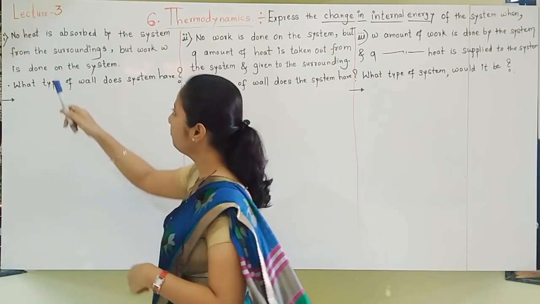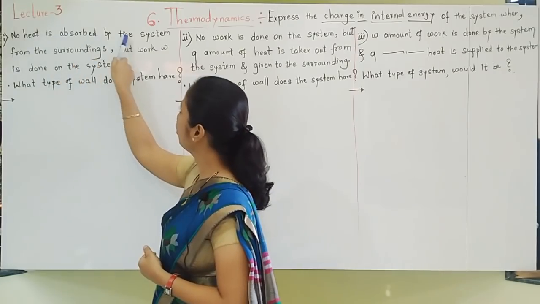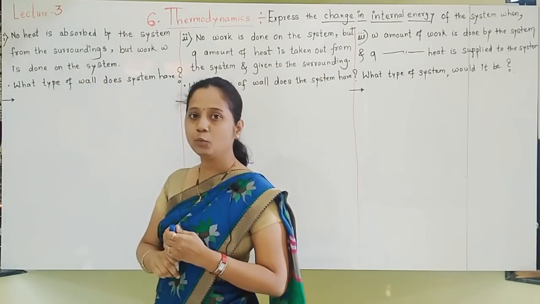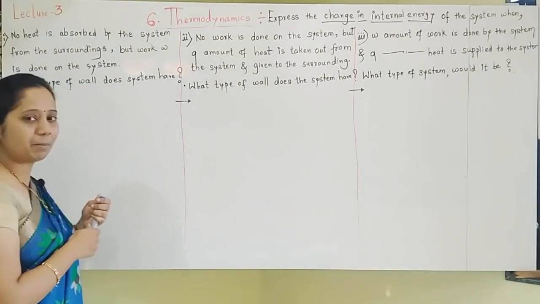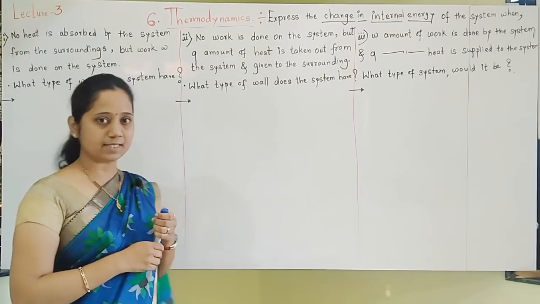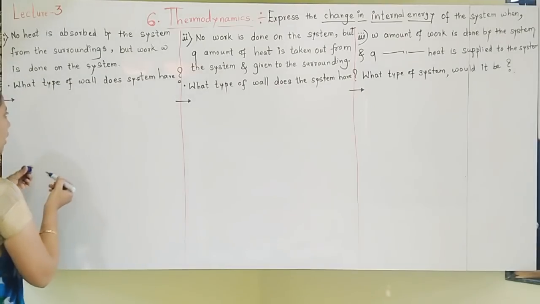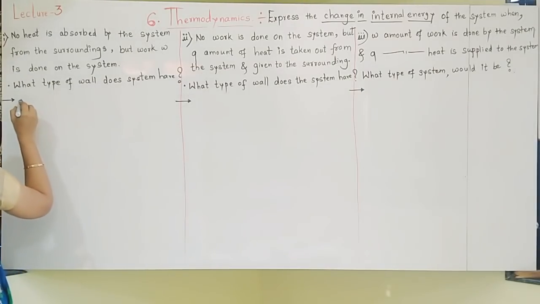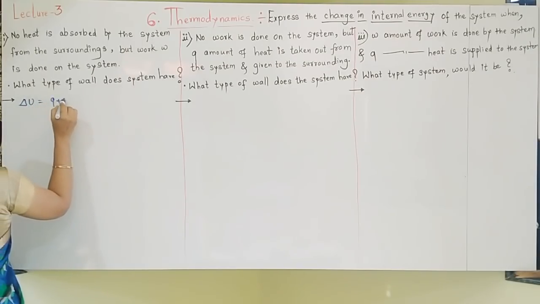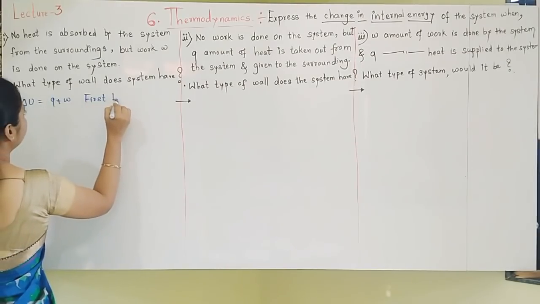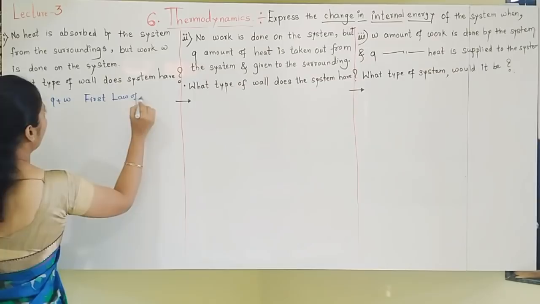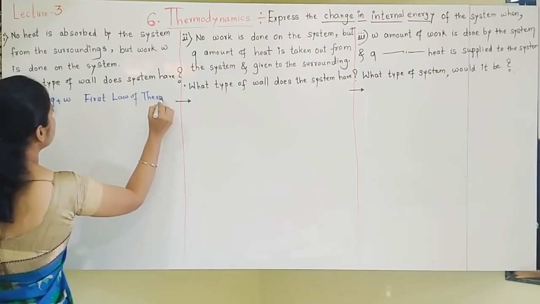First is: no heat is absorbed by the system. I hope you remember the symbol for heat, that is Q. So students, how to solve the question here? According to the first law of thermodynamics, we know that delta U is equal to Q plus W.